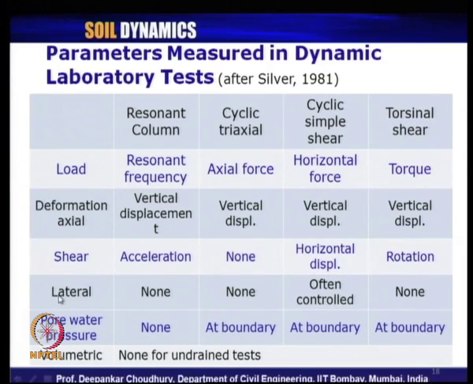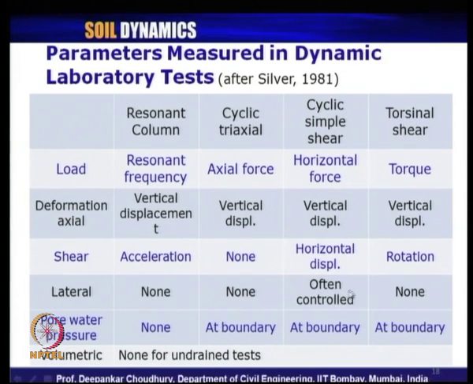Then coming to the lateral load, in resonant column test nothing is involved as such. In cyclic triaxial also nothing is involved. In cyclic simple shear test, the lateral load which is applied is often a controlled lateral load, and in torsional shear test nothing is involved. Regarding the measurement of pore water pressure, in resonant column test, we do not have any scope to measure the pore water pressure, whereas in all other three tests, that is in cyclic triaxial test, we can measure the pore water pressure at the boundary of the soil sample.